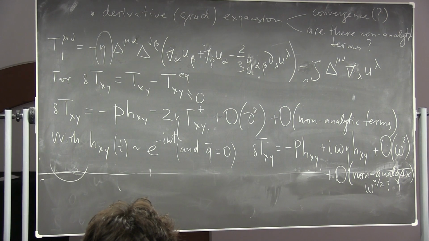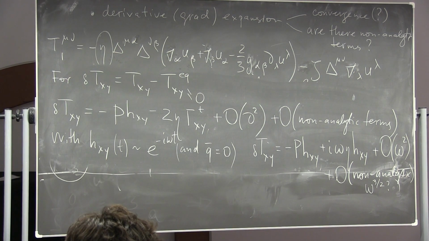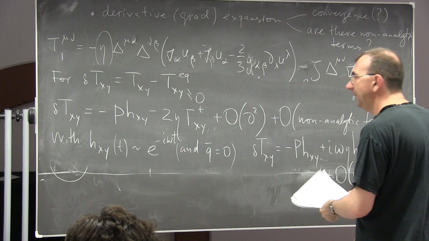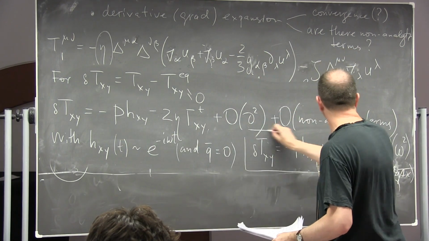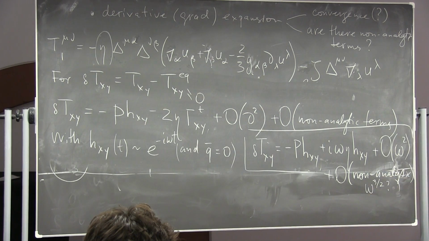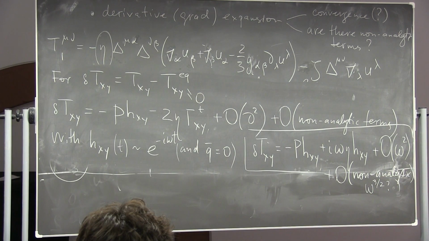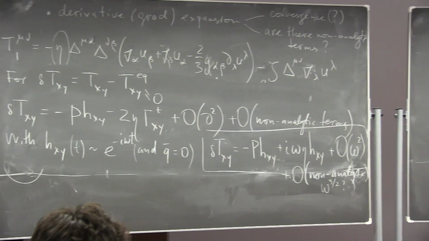And then you can compare, right? So you have this expression which gives you delta txy, which looks like this, and you have this expression for delta txy, which comes from linear response theory. All right?